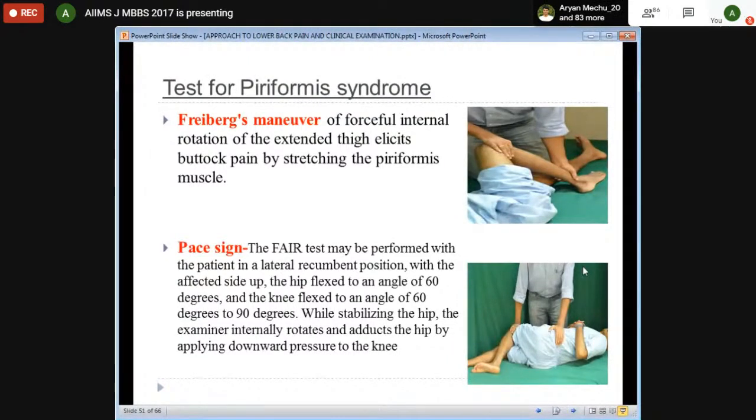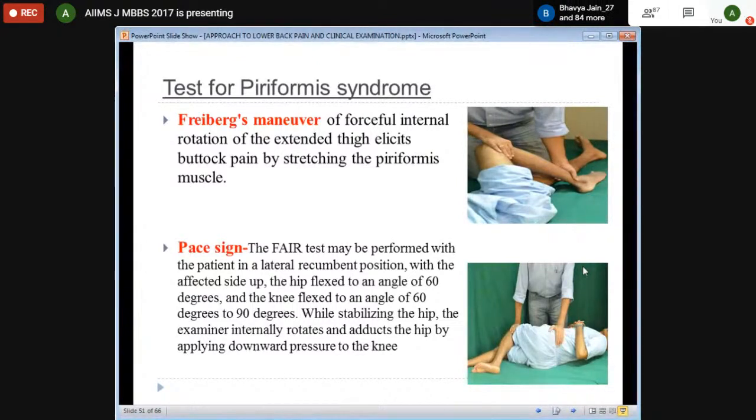Another one is the Pace sign, in which the FAIR test, which is flexion, adduction, internal rotation, may be performed with the patient in lateral recumbent position, with the affected side up. The hip is flexed at an angle of 60 degrees and the knee flexed to an angle of 60 to 90 degrees. While stabilizing the hip, the examiner internally rotates and adducts the hip by applying downward pressure to the knee.